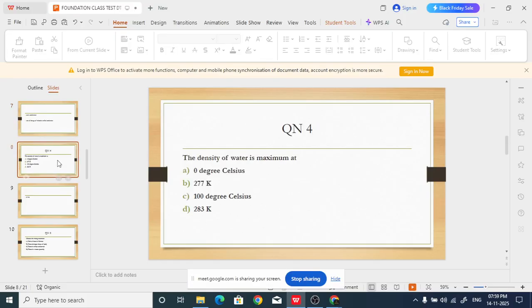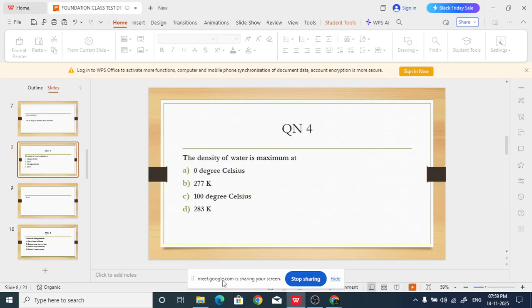Yes, Soundarya, can you read it? The density of water is maximum at 0 degree Celsius, that is 1. 277 Kelvin, what does it mean, 277 Kelvin? Have you studied Kelvin? Yes, sir.